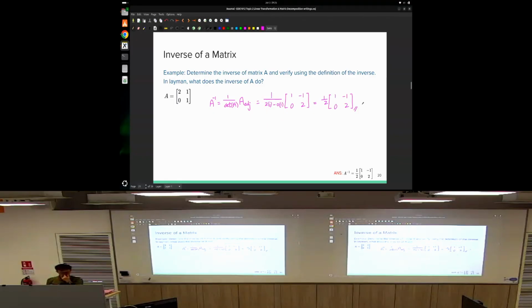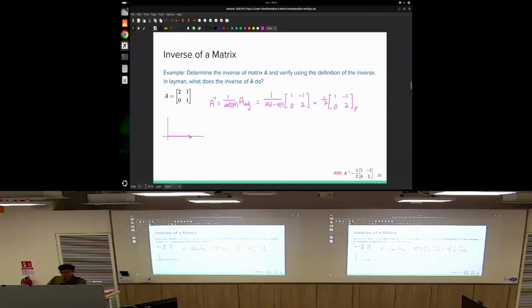So next, in layman's terms, what does the inverse of A do? The inverse of A is to undo the transformation caused by matrix A. But what is the transformation caused by matrix A? If you realize, 2, 0 is this vector.